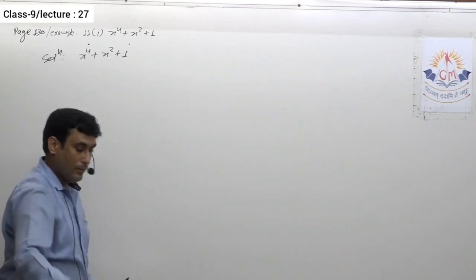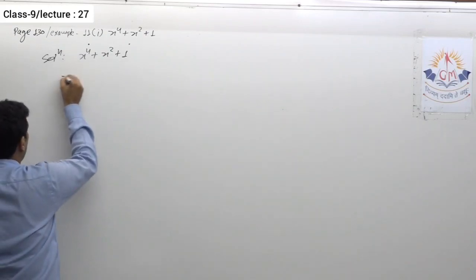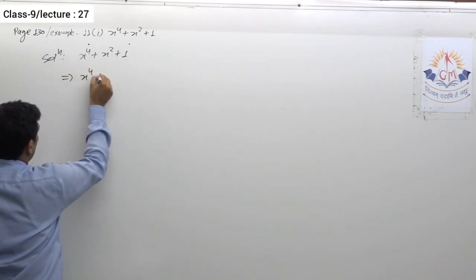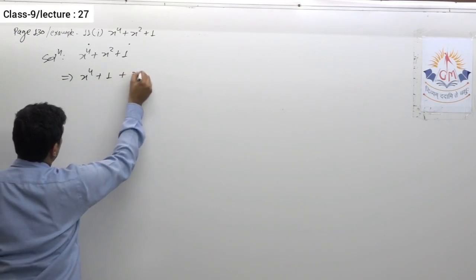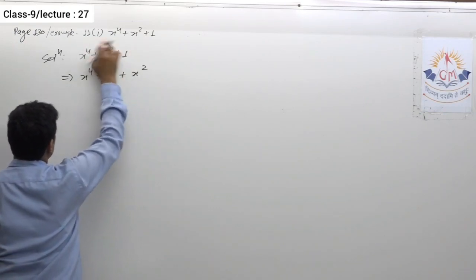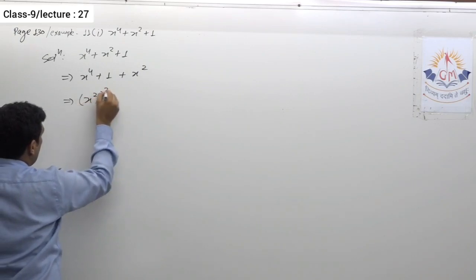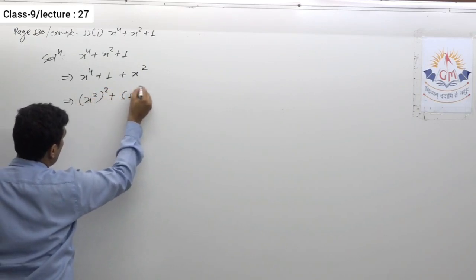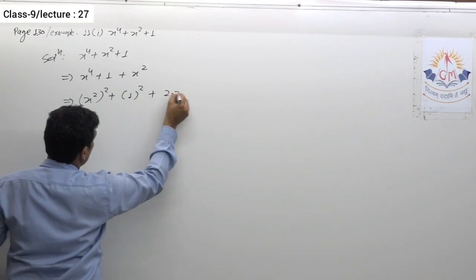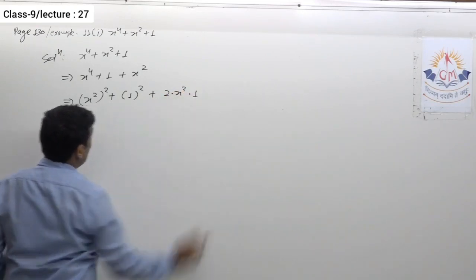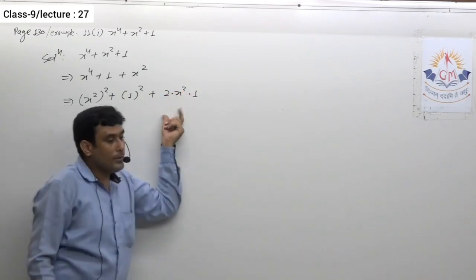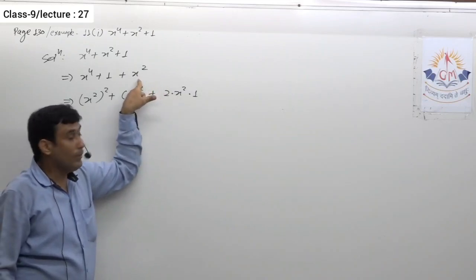So now I write like this: x raised to 4 plus 1 plus x square. Here if I write this as a square plus b square plus 2ab, still the third term is not equal to the third term of the expression.